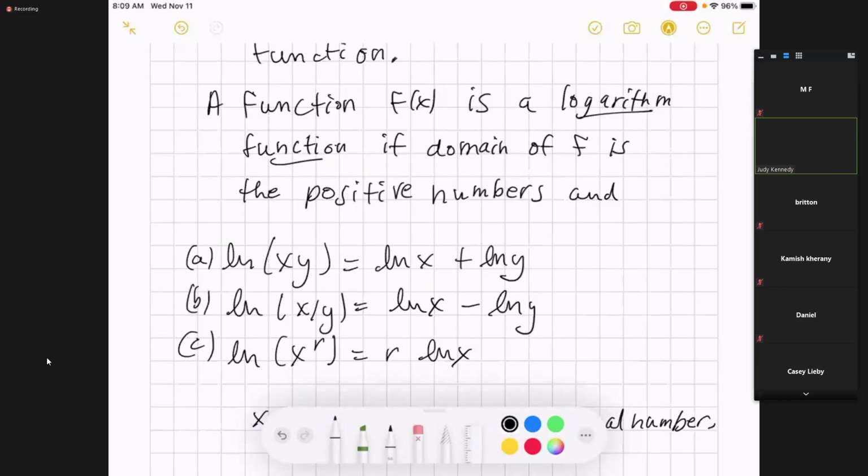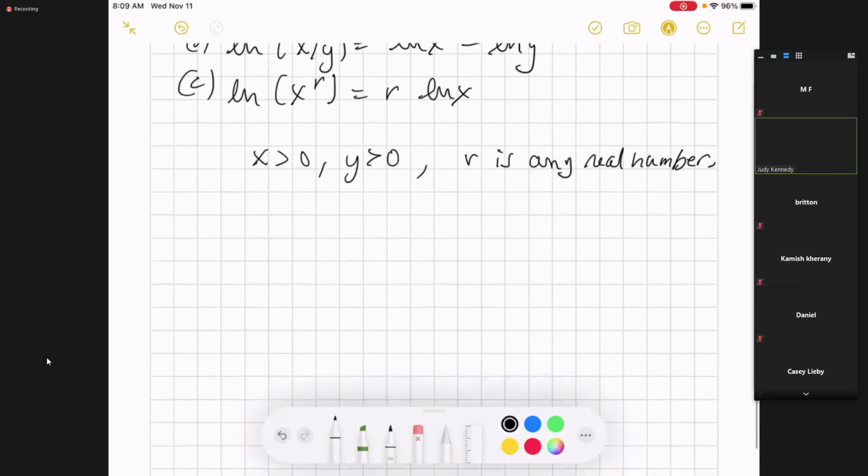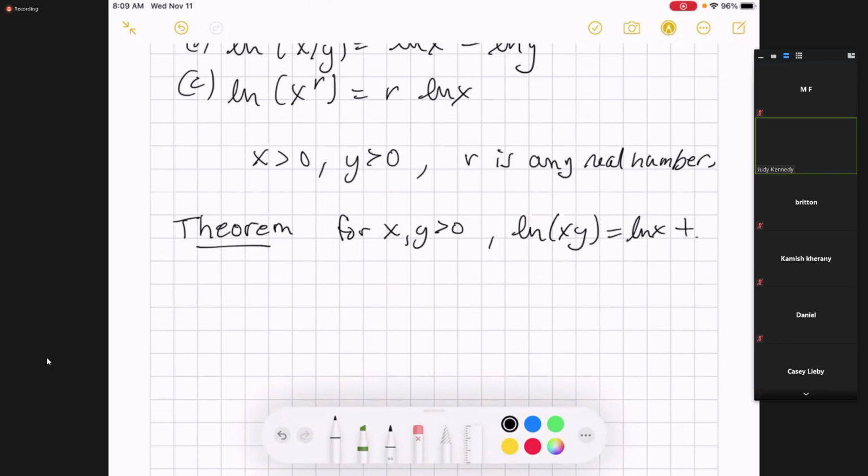And I'm going to show you that these three properties hold. Okay, so first, for x and y positive, ln of x times y is ln of x plus ln of y. So, proof.